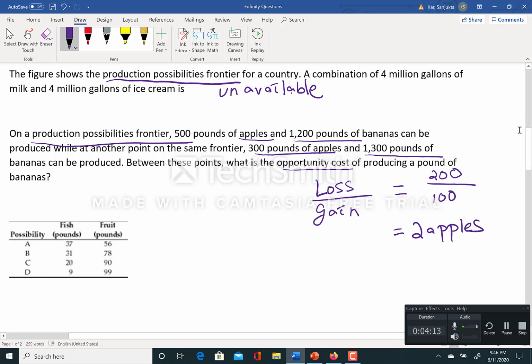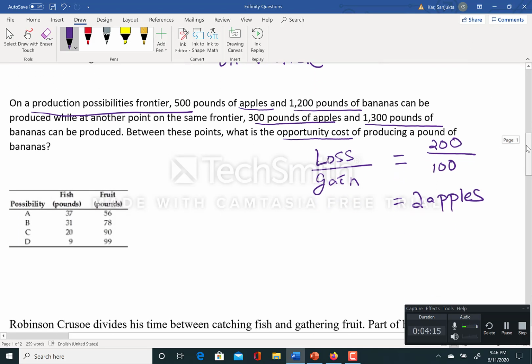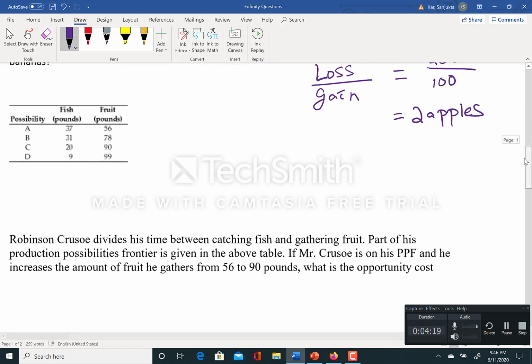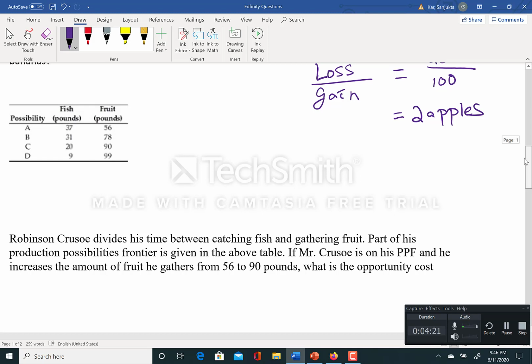Now let's take a look at the next question here. It says Robinson Crusoe divides his time between catching fish and gathering fruit, and the production possibility frontier is shown above. He's increasing the production of fruit from 56 to 90.